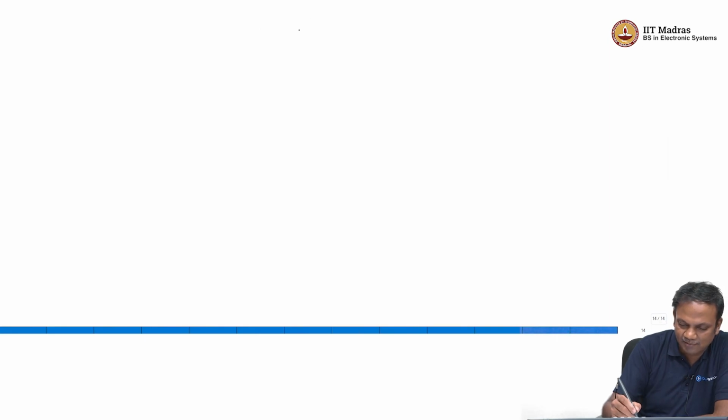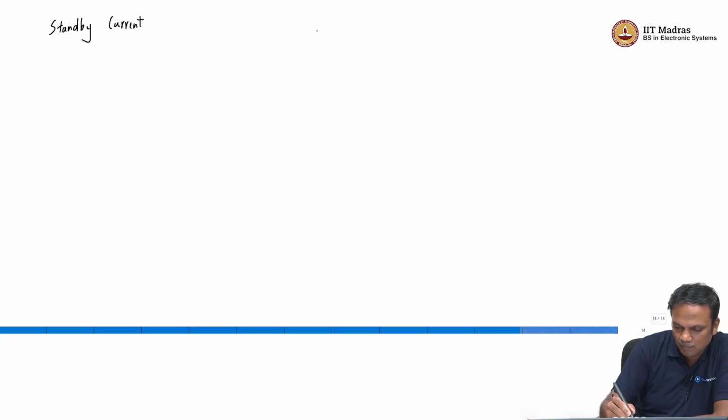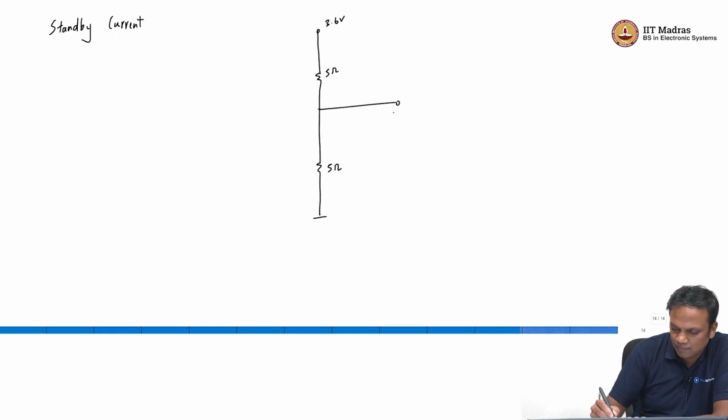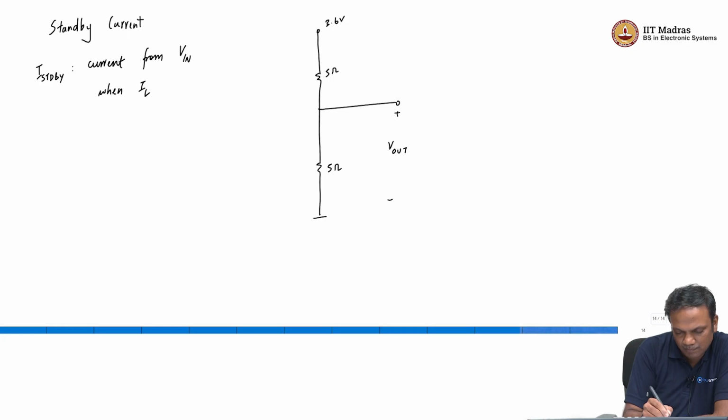So, again we have, this we will calculate at 3.6 volt. Standby current is I standby, current from V in when I load is 0.